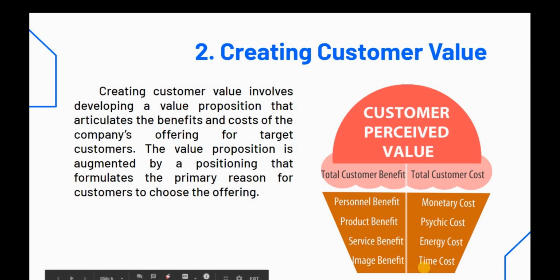You know, when you talk of cost, you have monetary cost, psychic cost, energy cost, time cost. So sometimes time and money and energy are interchanged, right? Most of the time people would say that they want to save money. They want the cheapest alternative. Okay, like for example, I want to ship a product. I want the cheapest courier.